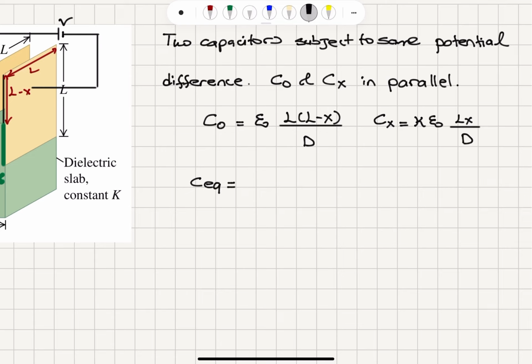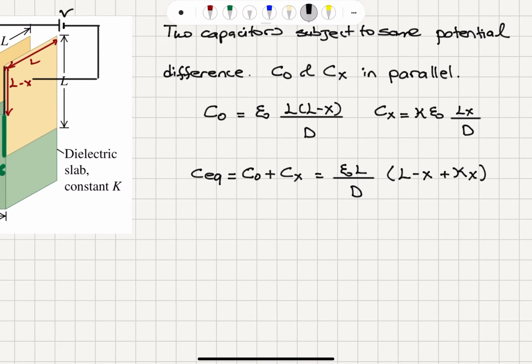Two capacitors connected in parallel, the capacitances will add up. So we will have C0 plus Cx. It is epsilon 0 capital L over D, parentheses, L minus x plus kappa x.